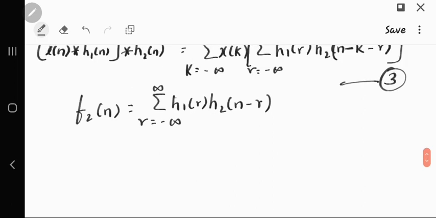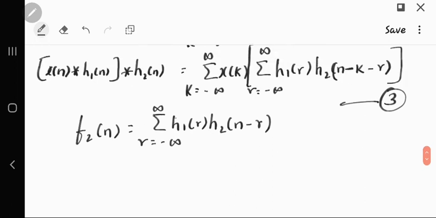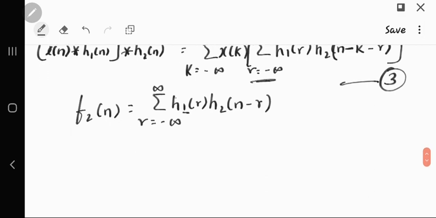Okay, now if you observe this, we have same limit r varying from minus infinity to plus infinity, h1 of r same is there. Here n minus k minus r is there instead of n minus r. So that means we have a time shifted input for this. So then what happens to this?